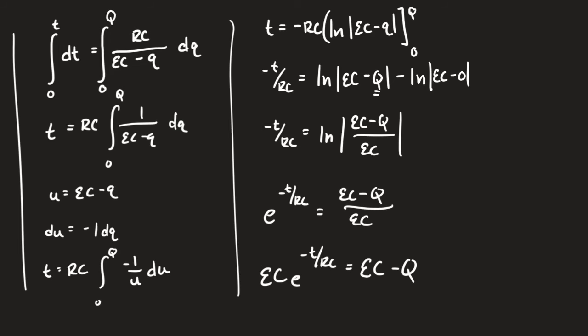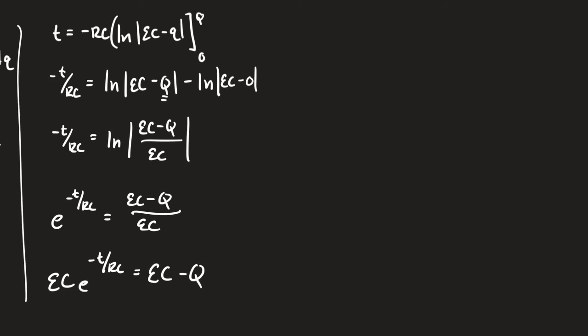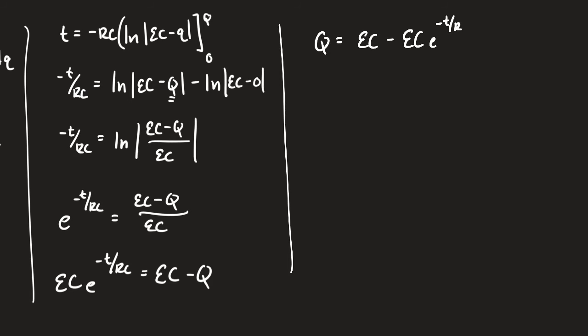And you guys get frustrated when I say that, but it's still just algebra. Needing more space here, but we will finish on this final column. I'm going to solve for q. So q is going to be EC minus EC e to the minus t over RC. I'm going to factor out the potential difference and the capacitance.